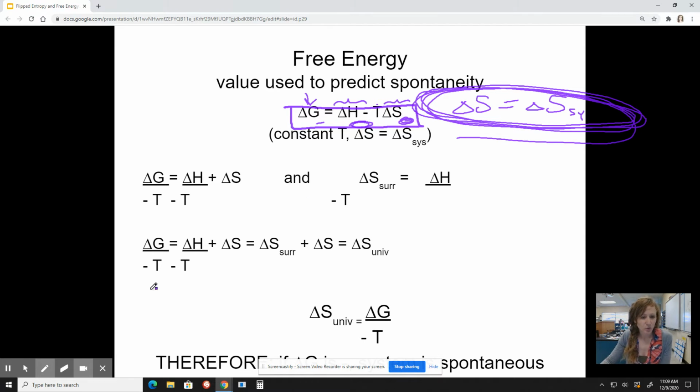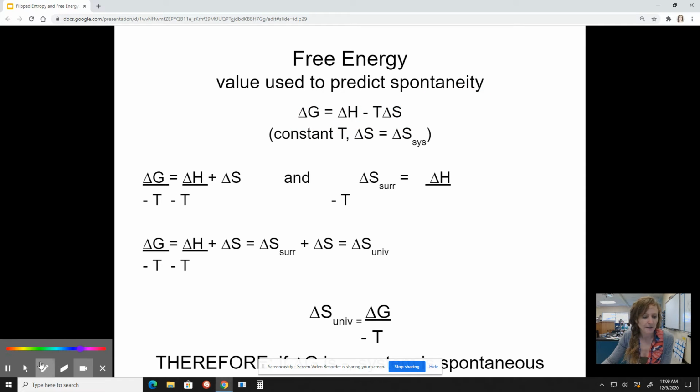Okay, you have now seen the most important equation we are going to use when we are talking about free energy.